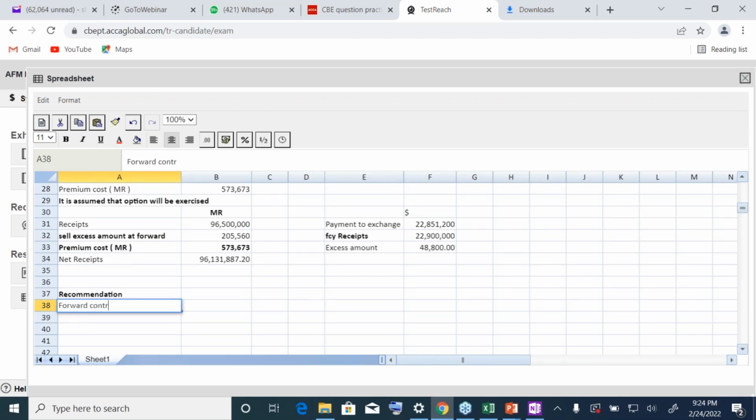Forward contract has the highest expected receipts, although it is marginally over the future answer.